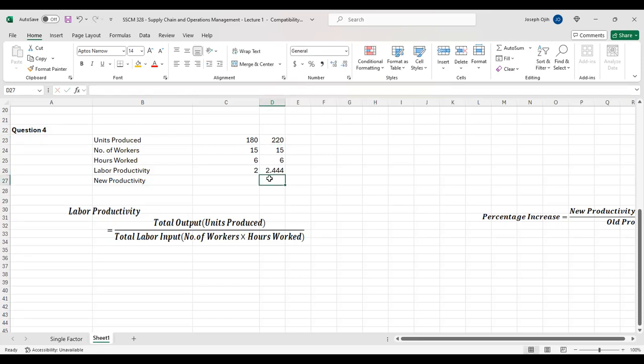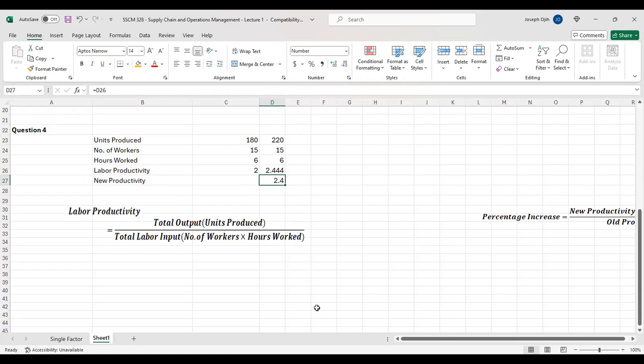So the new labor productivity is 2.44 units. Let me just make it 2.4 valves per labor hour due to the change in layout.